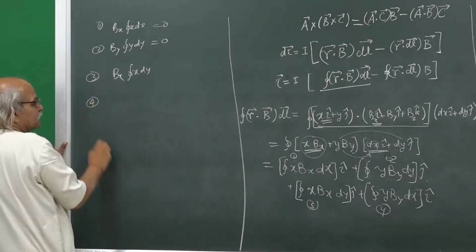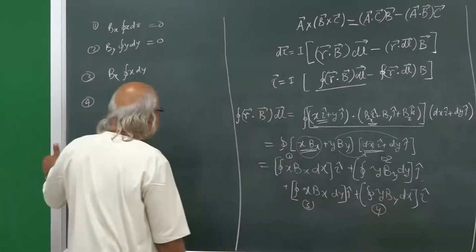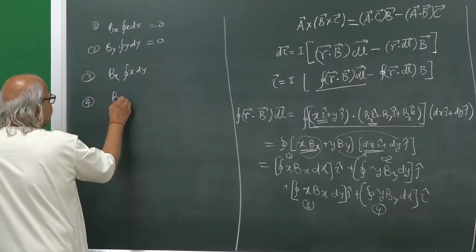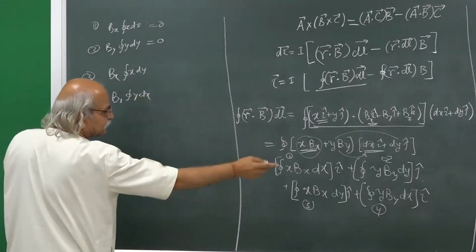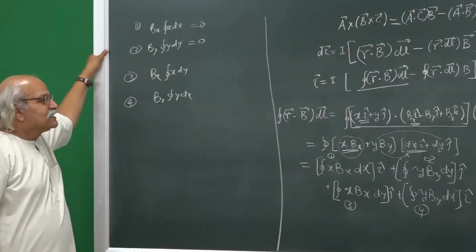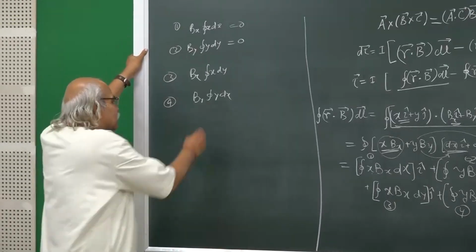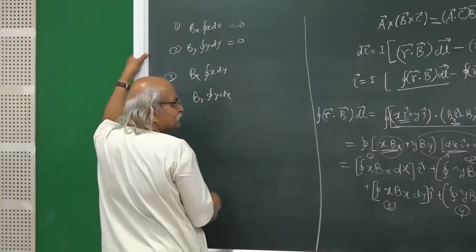The fourth one is y dx, by comes out, and then you have y dx, and that will be with I cap. This will go with j cap, this will go with I cap. You must be familiar with this y dx integration.